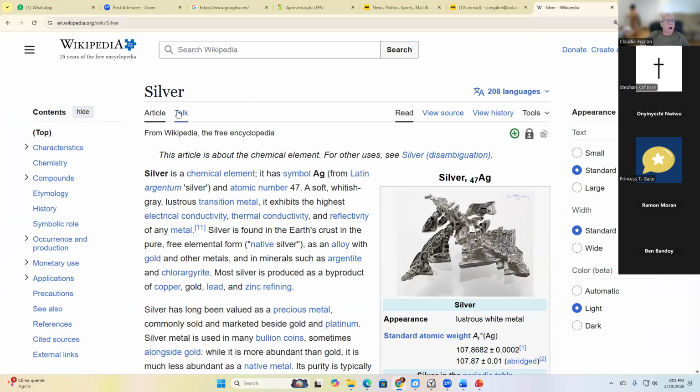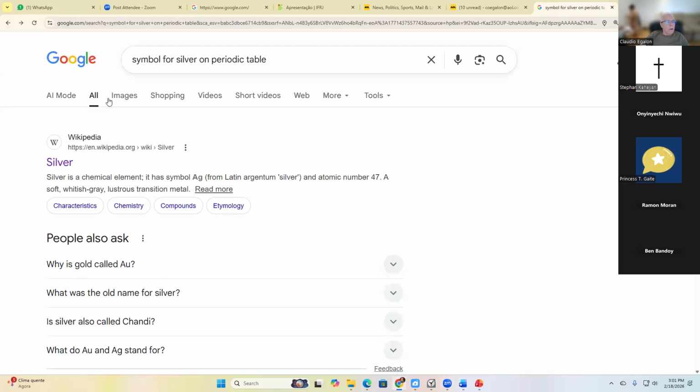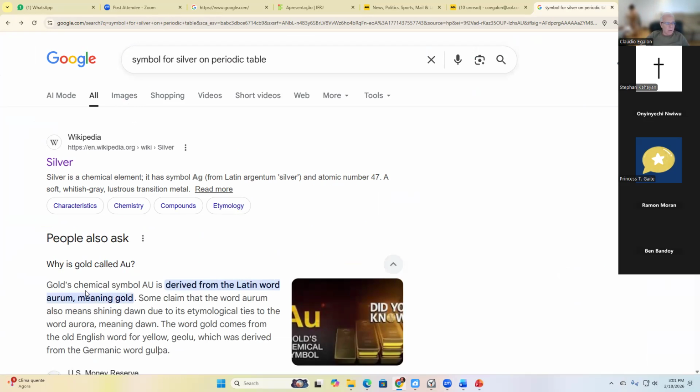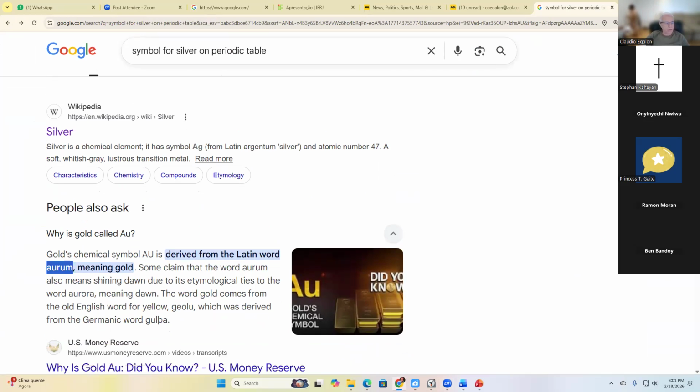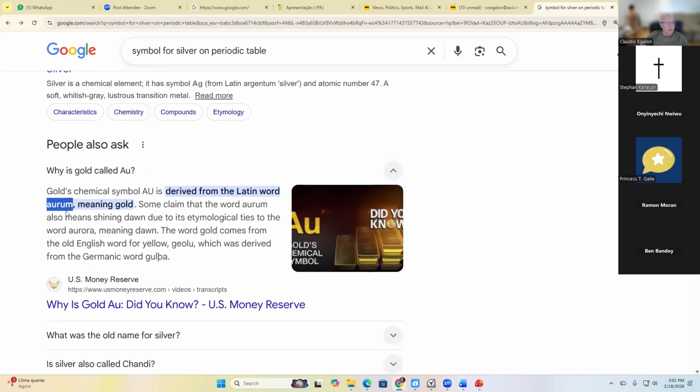And let's talk about gold. Why is gold called Au? It is derived from the Latin word aurum. In Portuguese, it's called ouro. Almost the same, right? In Spanish, it's oro.